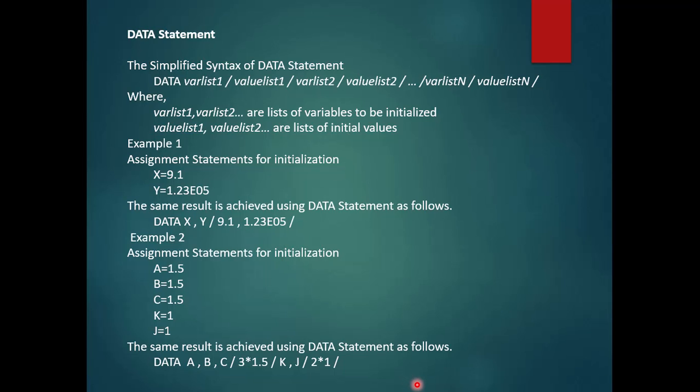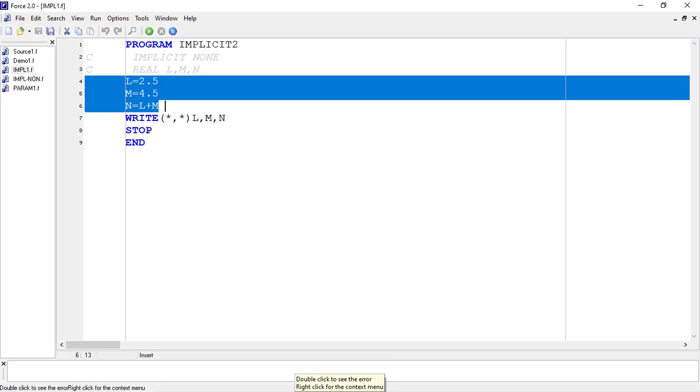It means all three have the same value of 1.5. Similarly, for k and j, the two variables, we have written 2 multiplied by 1. This is how we can write the data statement.